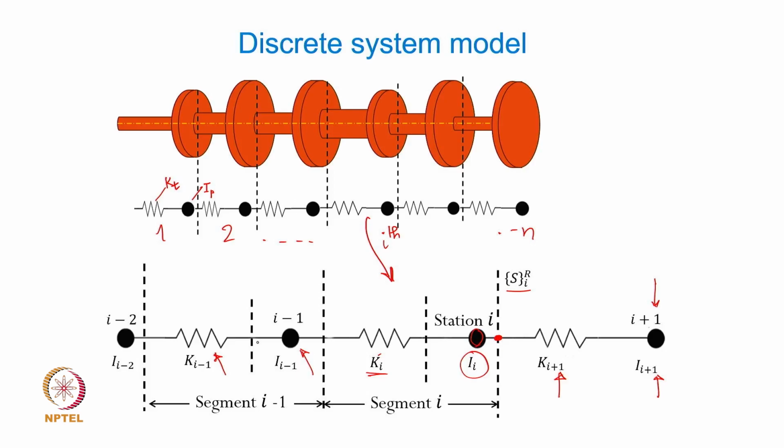In this case, we are defining the right hand side of the inertia element, which is station I.